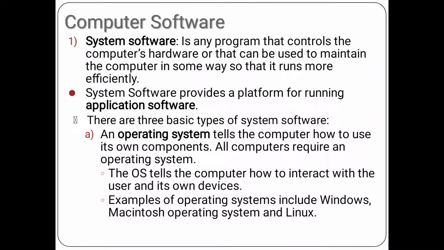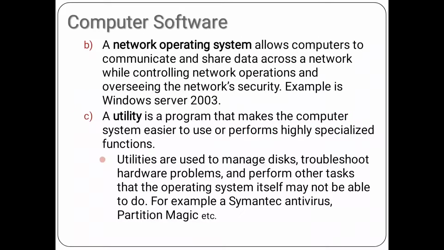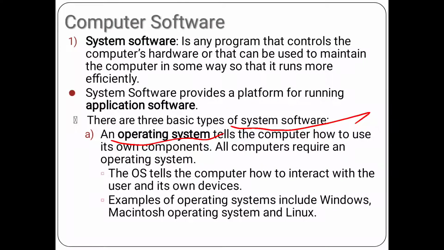System software provides a platform for running application software. There are three basic types of system software, तीन प्रकार के होते हैं. The operating system, second the network operating system, and the utility is third. फर्स्ट को देखेंगे.